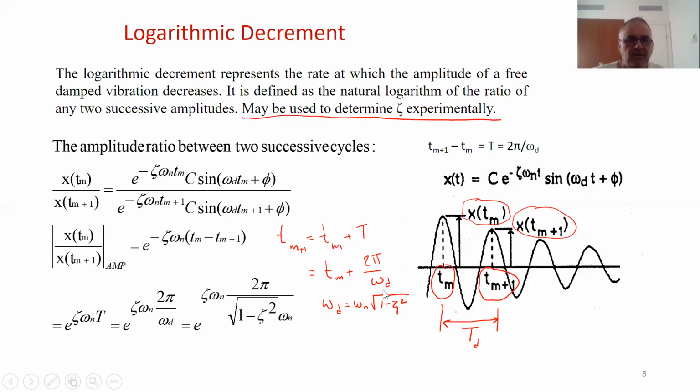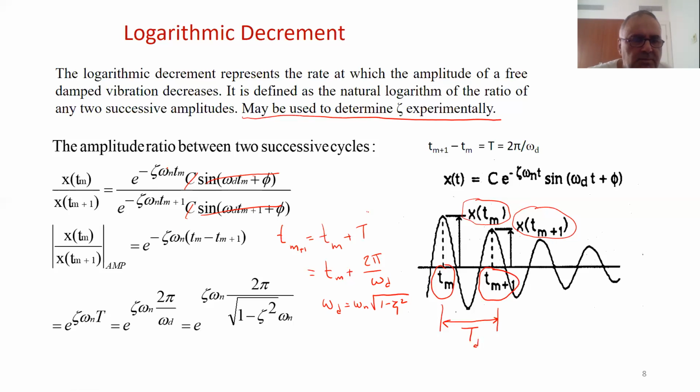Now, if you put Tm plus 1 inside the sine, you have an added 2 pi. But if you add 2 pi to a sine, you get the same value itself. The value of sine does not change. So if you divide the expression at Tm by the one at Tm plus 1, the C terms are going to cancel and the sine terms are going to cancel.